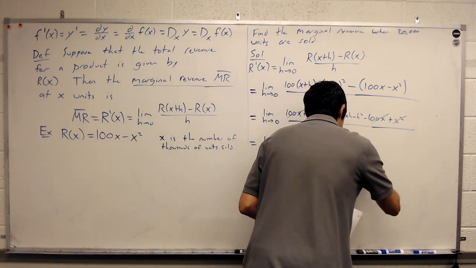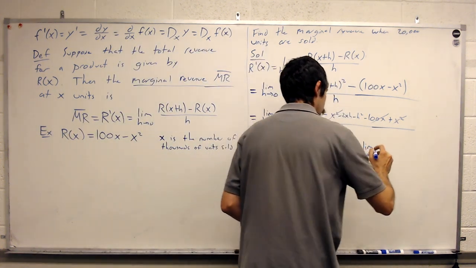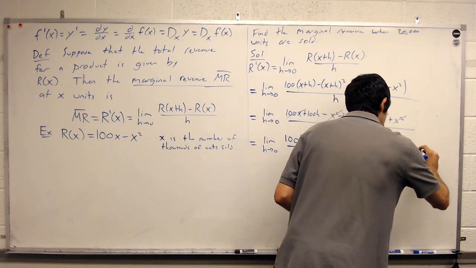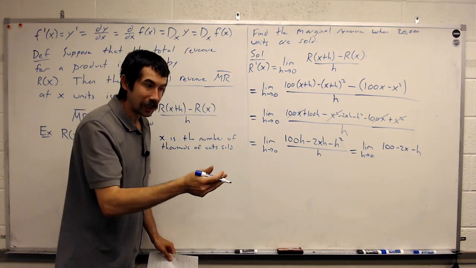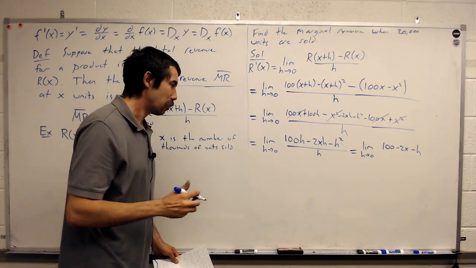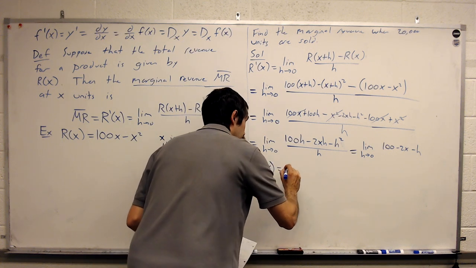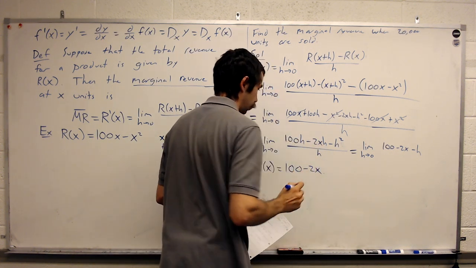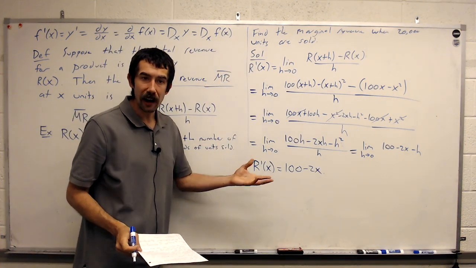And we get the limit as h goes to 0 of 100 minus 2x minus h. So wherever we see an h, we could replace it with 0, and we get r prime of x equals 100 minus 2x. This is our marginal revenue for any value of x.